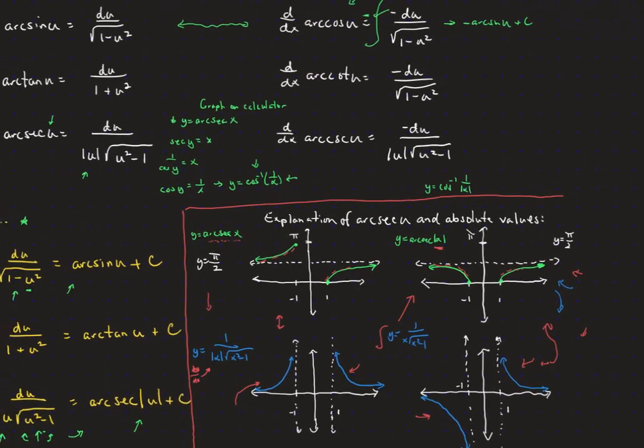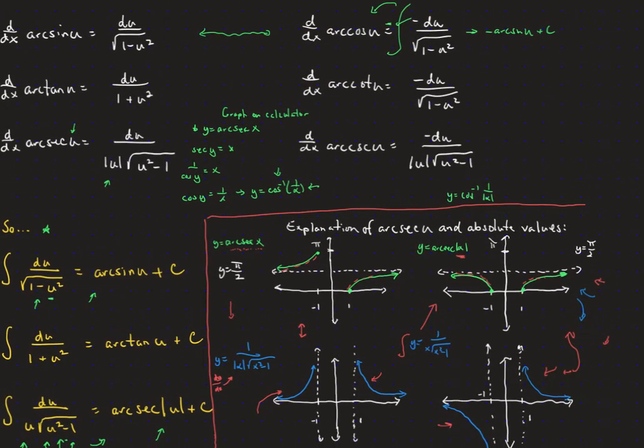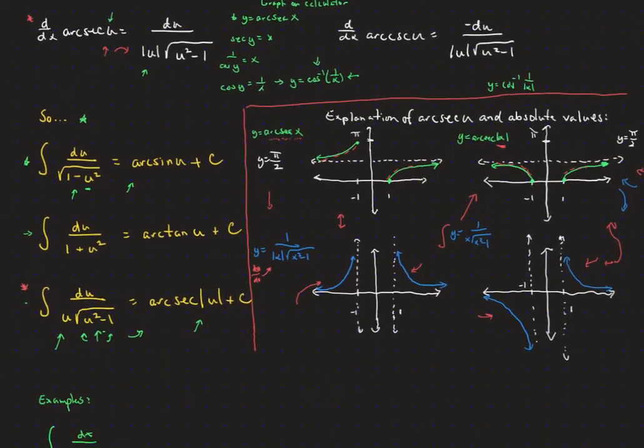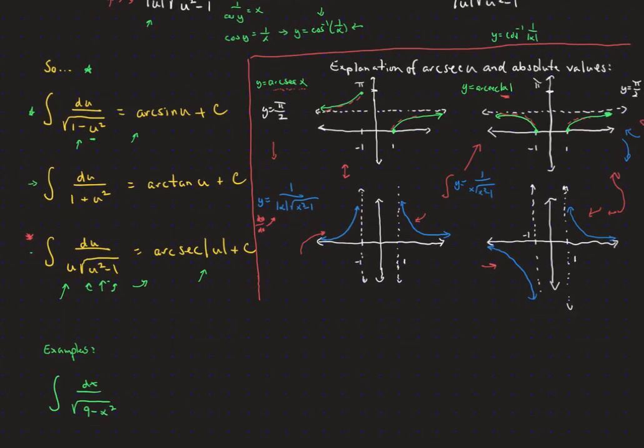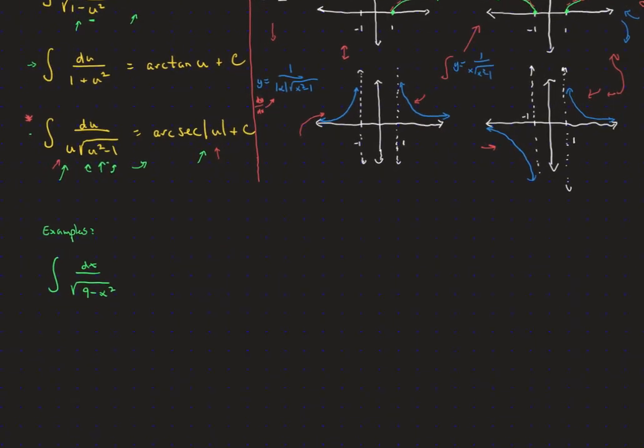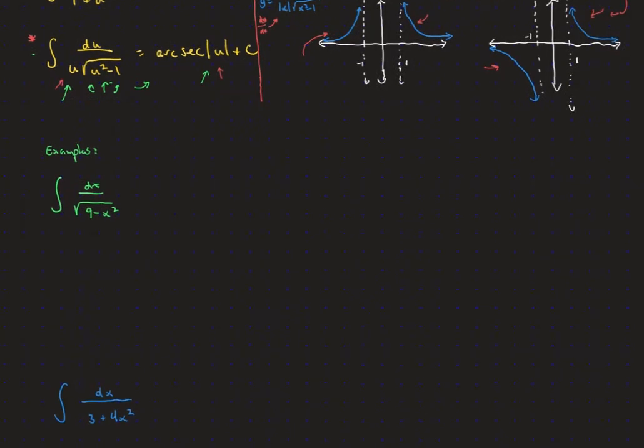In the most generic case, we don't need absolute values in the arc secant, but when we take its derivative, it does have to have an absolute value. When we integrate, we're not going to restrict what we have there, but that means you do have to have an absolute value in the integral. These you are going to have to know from memory, so added to our growing list of things we have to know from memory.